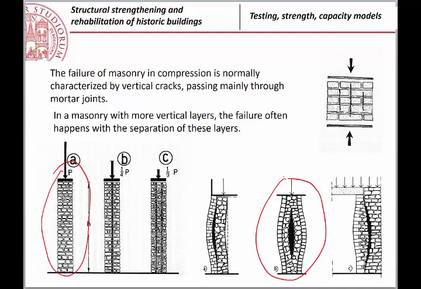Of course, if the 2 leaves are not connected, the real masonry supporting the loading is only this one, but they are very, very thin. If they are not connected, of course, there is the possibility of instability of the wall, even if the strength is sufficient, but they can be unstable.